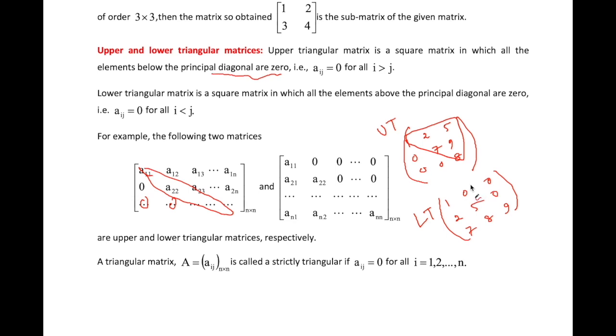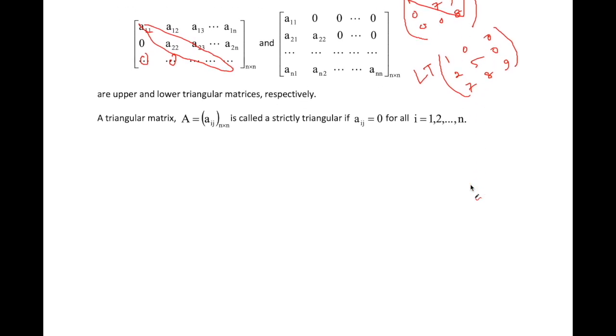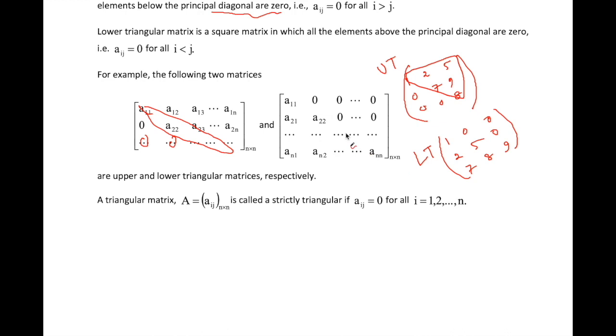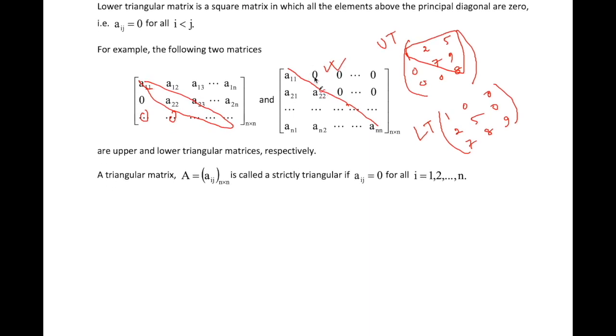I hope you understand. You can see another example. Here also all entries above the principal diagonal are 0. So this is an LT or lower triangular matrix, and this one is UT or upper triangular matrix.